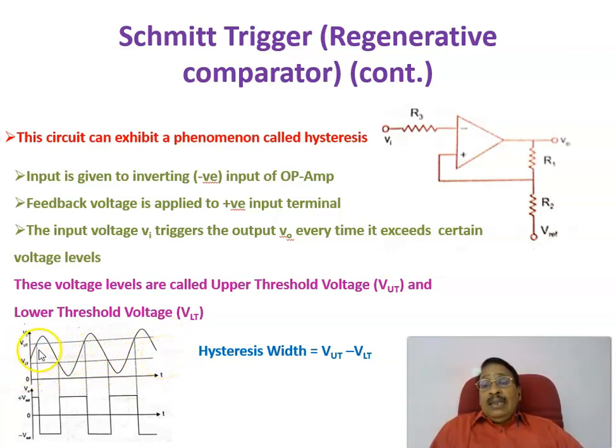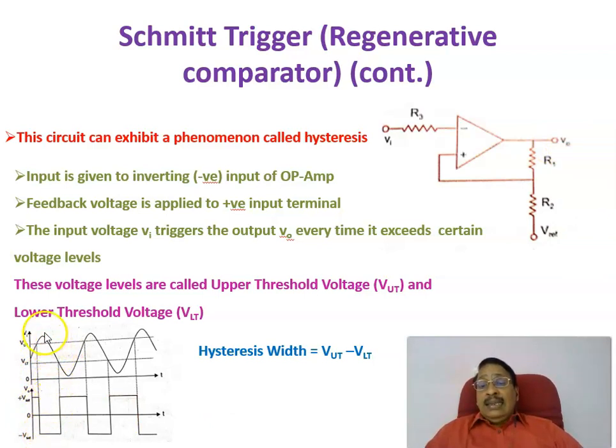If the input voltage goes above the upper threshold voltage, at this instant, since the input is applied to the inverting side, the output voltage changes to minus Vsat.